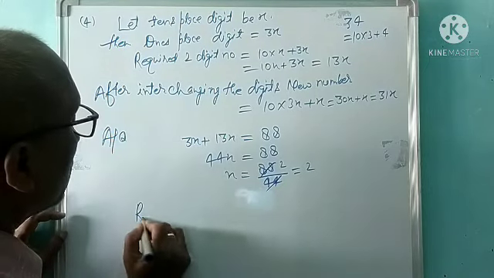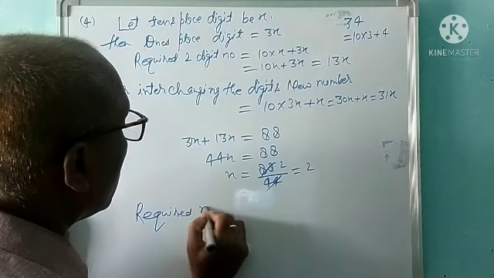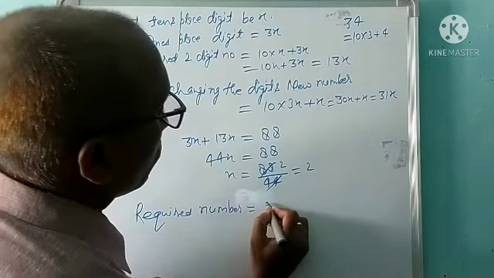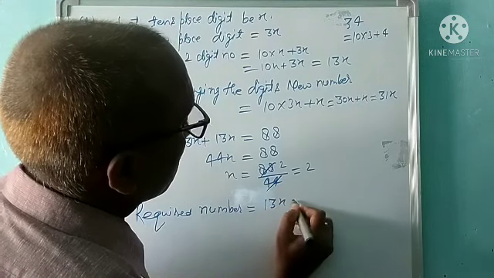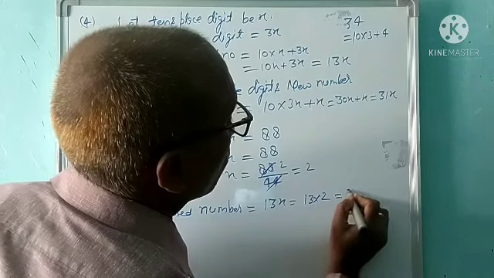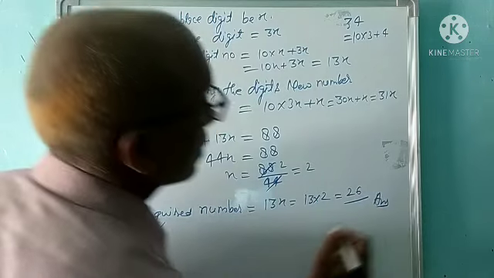This means required number is equal to 13x, that is 13 into 2, 26. It is your answer.